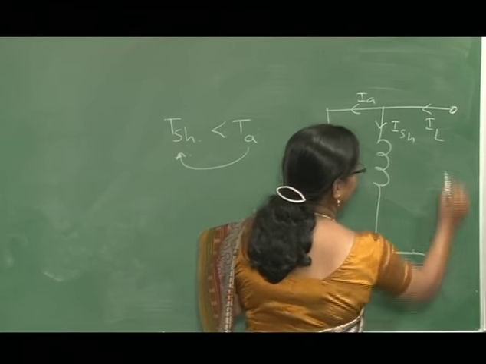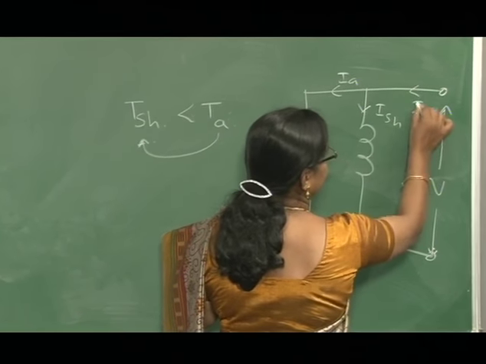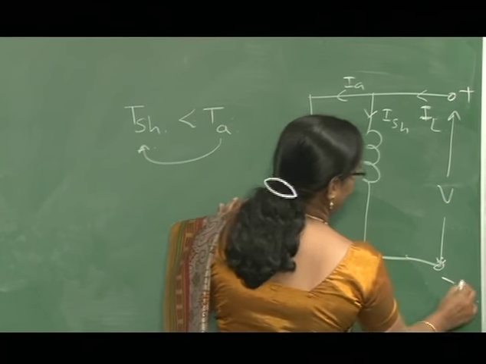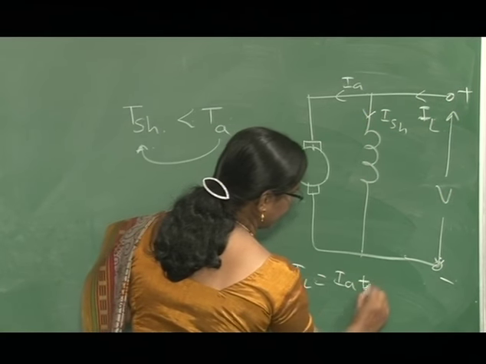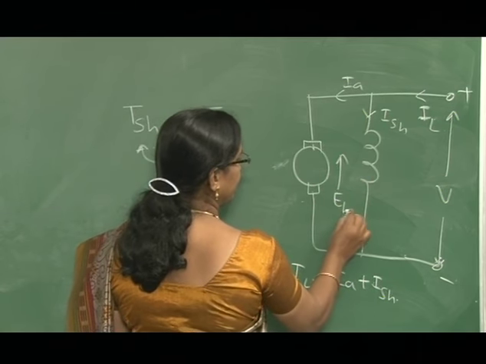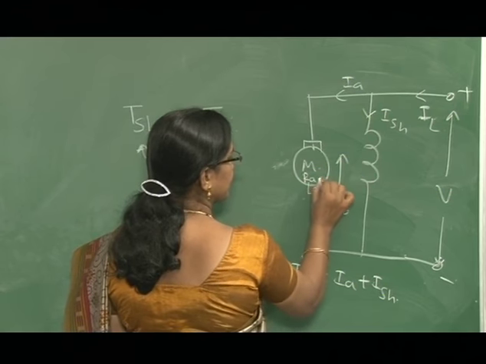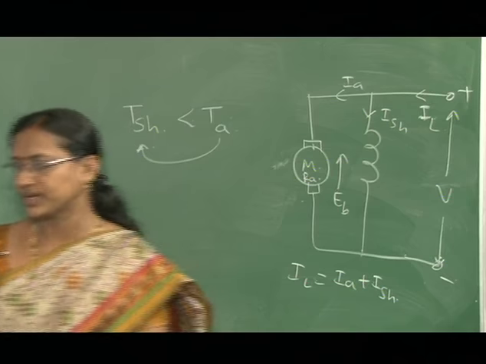When we apply the voltage V, the current is supplied to the motor, the current drawn by the motor is IL, and IL is equal to IA plus ISH. Here the back EMF EB is induced. We are mentioning the resistance RA here, because this is the internal resistance of the motor.